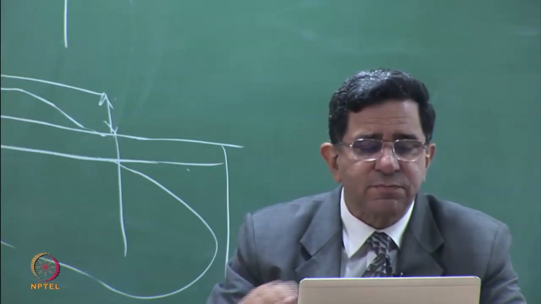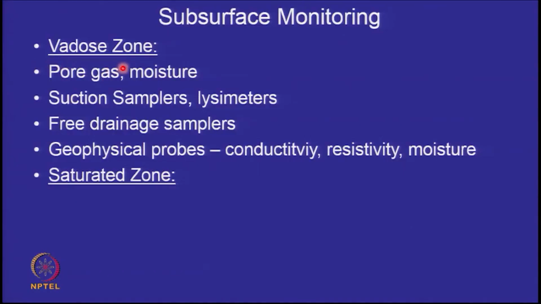So let's see. In the vadose zone, you can monitor the pore gas and you can also monitor the moisture. Is the soil becoming more saturated with time? If the moisture content is going up, you know that something is leaking into the soil, right? You basically use suction samplers.